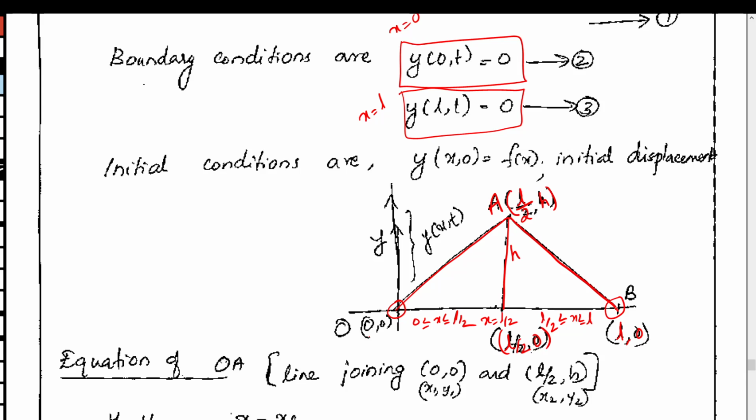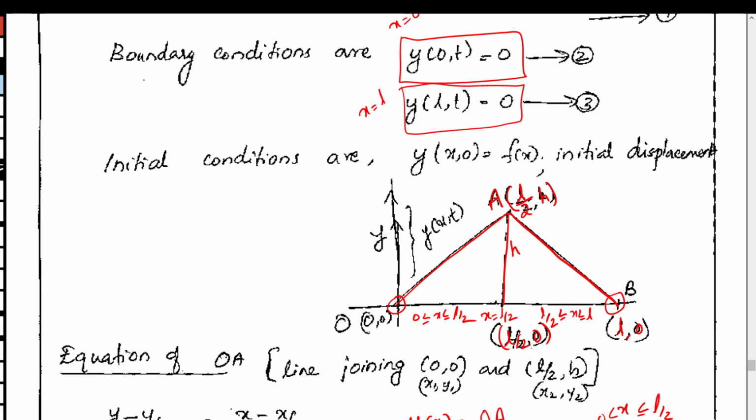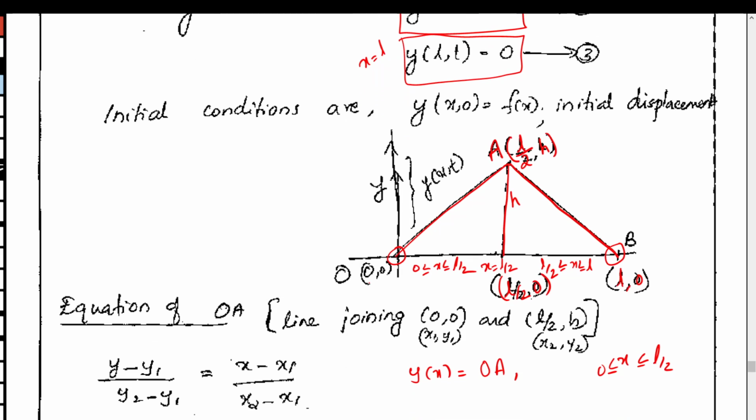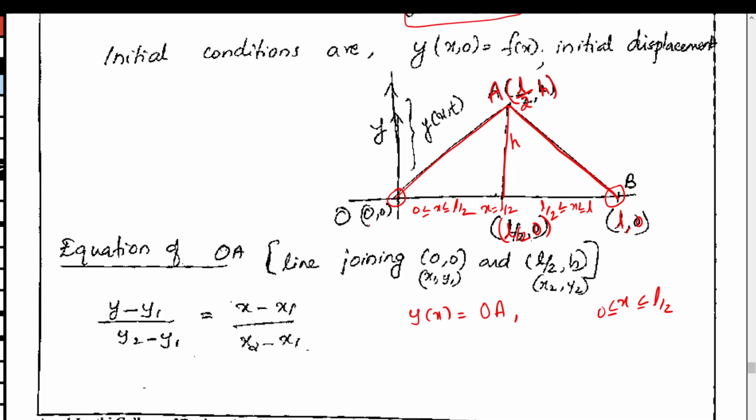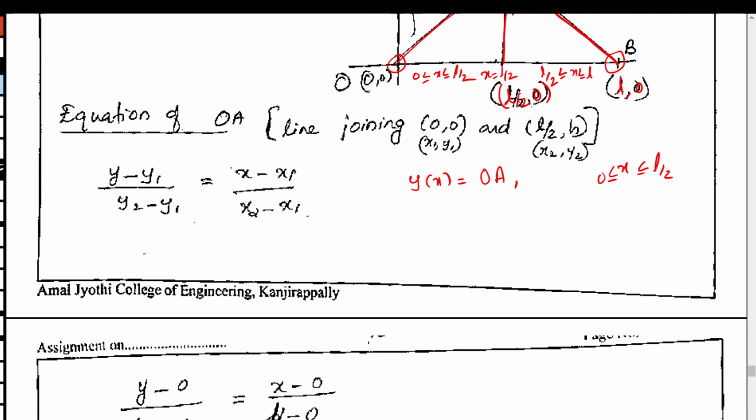Now, the value of the function y(x) when x lies between 0 and L/2 is given by the equation of the straight line OA. To determine the equation of the straight line OA, let us use the standard equation of a line joining (x1, y1) and (x2, y2).